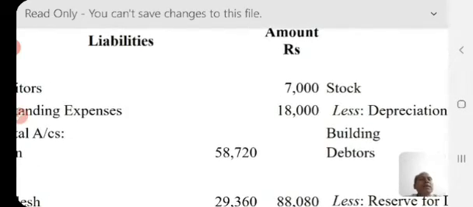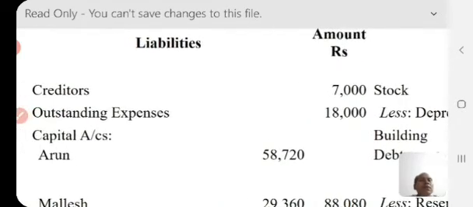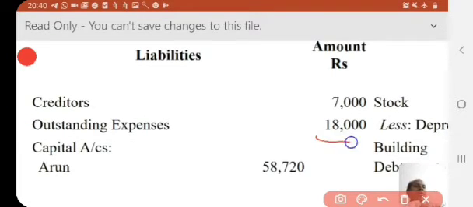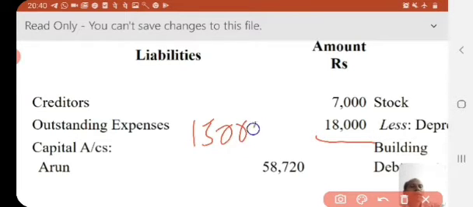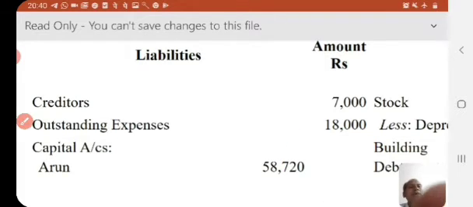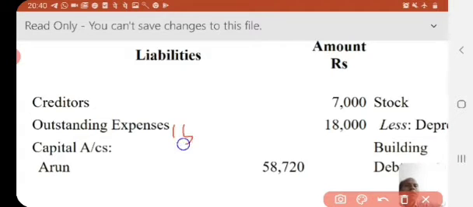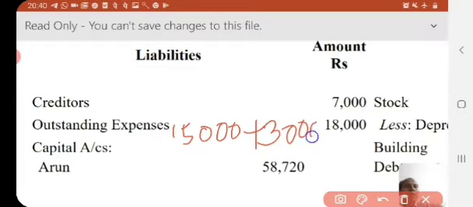So outstanding expenses are enhanced, 15,000 plus 3,000, which is mentioned in the adjustments.